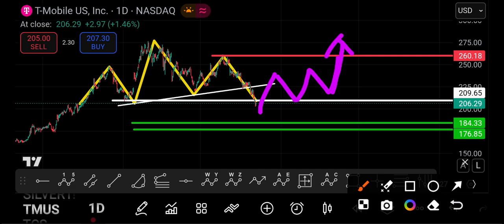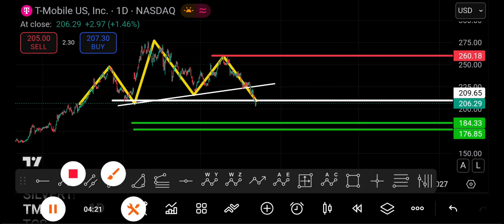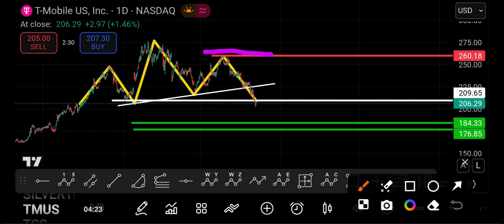If you see any bounce on the stock, use that bounce as an opportunity to short sell. As long as the stock is under this red line, and you find any bounce over here, you have to use it as an opportunity to short sell. So now the strategy will be a sell on rise strategy.